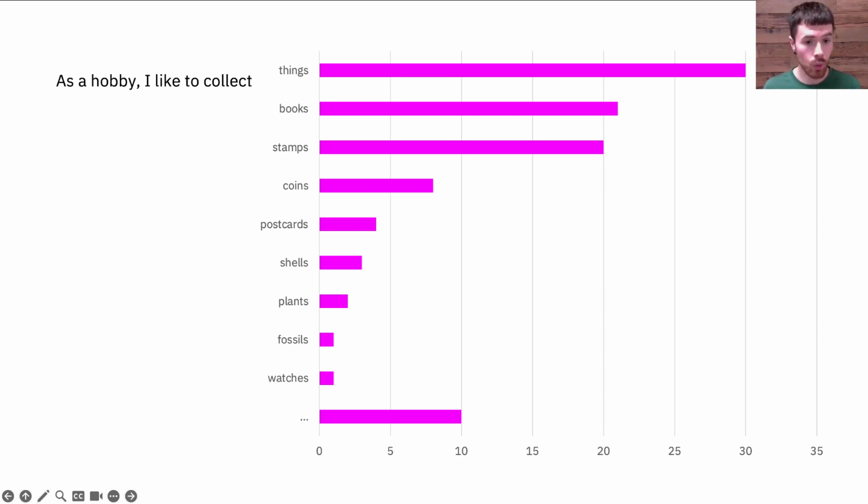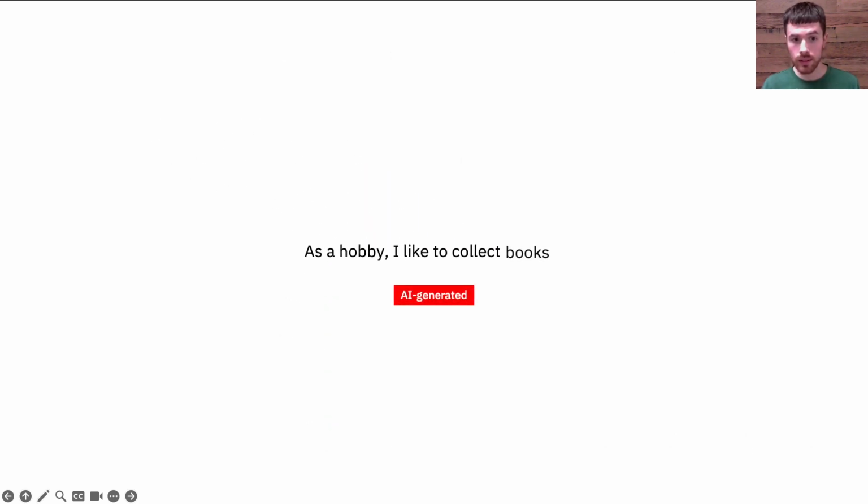But it's also 21% likely that as a hobby, I like to collect books. So the language model is just completing the sentence, right? And we can pick one of the words here, and that way we can complete the sentence. So this is a sentence that has been generated by AI.